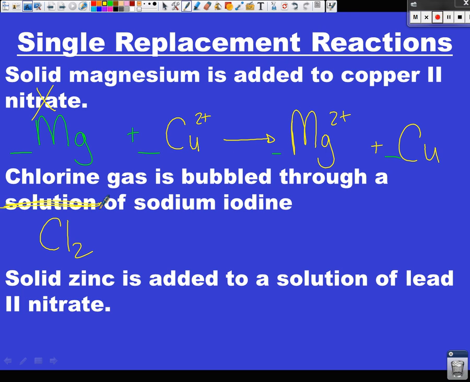Now, we are going to learn about something later called a molten solution, and that's where it gets kind of weird. Is it possible to melt salt? A molten solution is a melted solid, literally melted into a liquid.